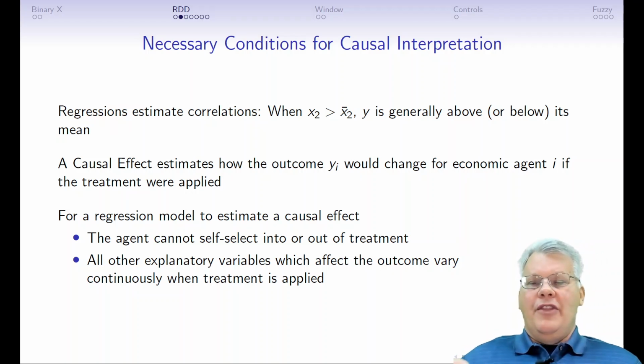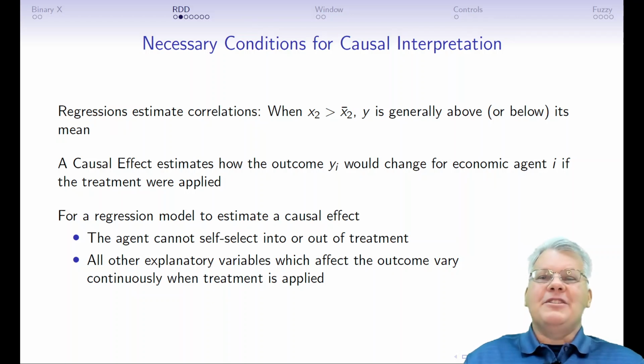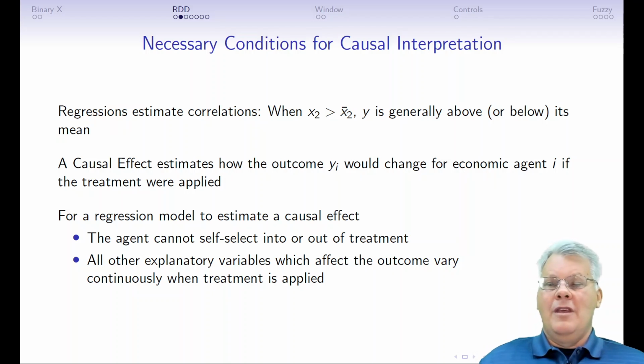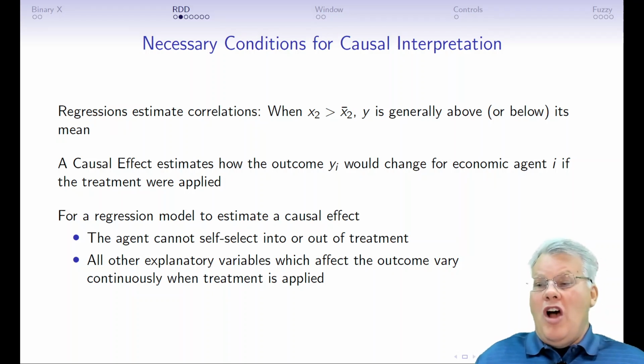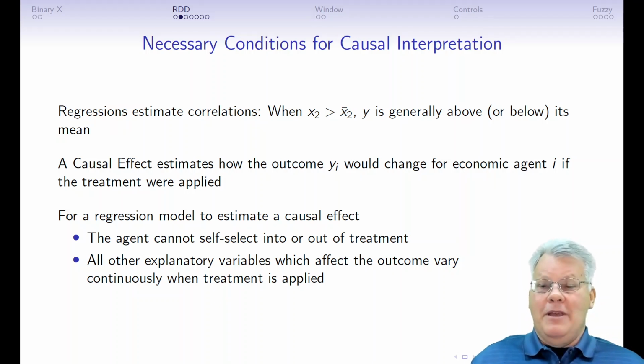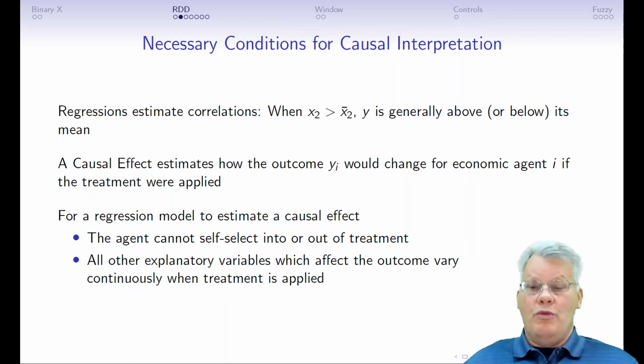So the absolute necessary conditions are that the agent cannot self-select into or out of treatment. It should be relatively obvious why this is a necessary condition. Consider what would happen if the agent were able to determine whether they were in the treatment group or the control group, right?